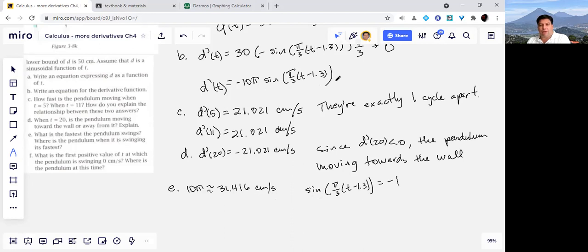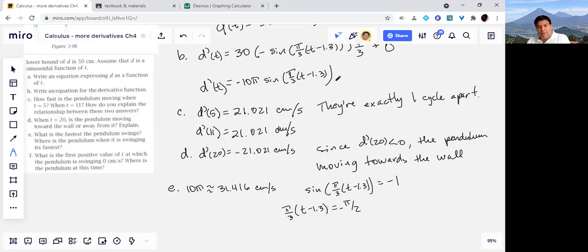Now, if I do sine inverse, the argument of the sine, pi thirds times (t minus 1.3), must equal -1 at negative pi halves. Now it's a matter of solving for t. The question is where is the pendulum, but with the time, we're going to find the position.